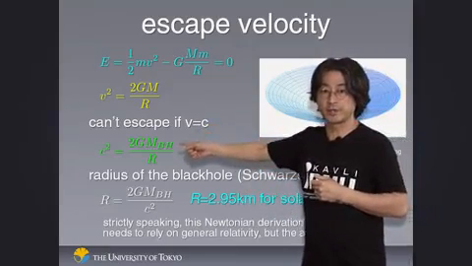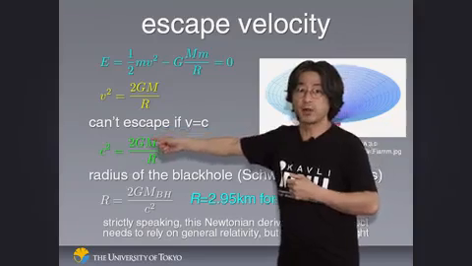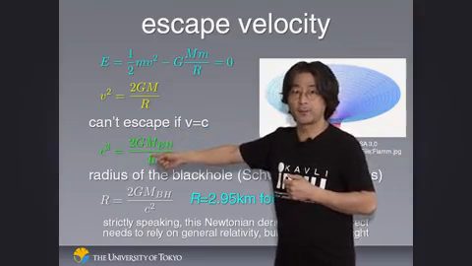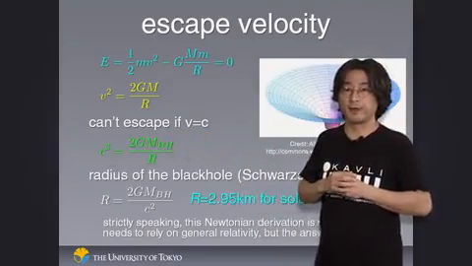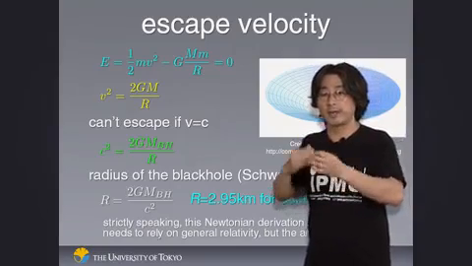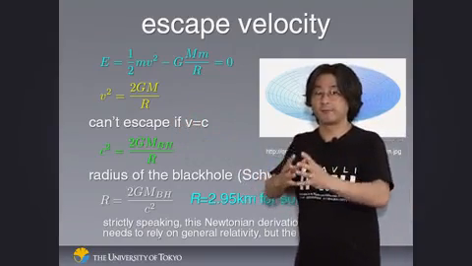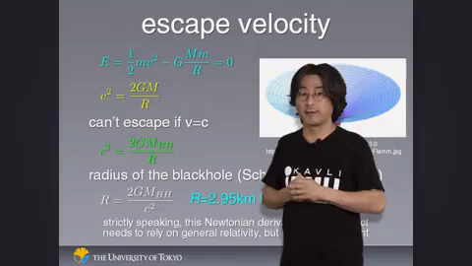So that's this equation here. What this is telling you is that if the mass of the object and the size of the object have exactly this combination given by the speed of light, then that's the black hole. Nothing can escape the force of gravity from this object, even when you're going with the speed of light.